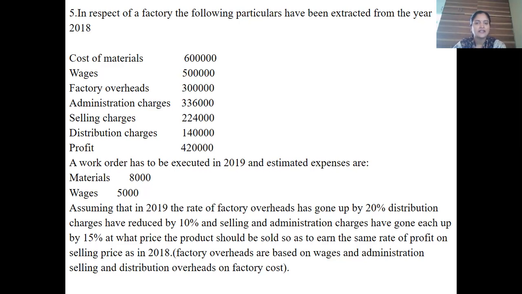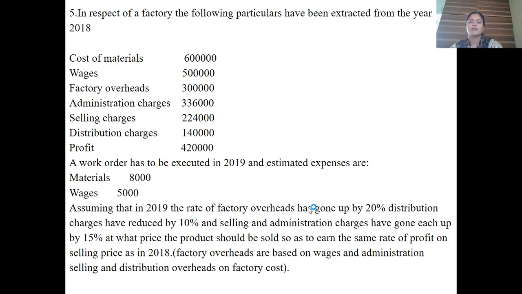Executed in 2019 and estimated expenses are: for materials they have given 8,000, wages they have given 5,000. Assuming that in 2019 the rate of factory overheads has gone up by 20%. This you need to understand. See, for the year 2019, the factory overheads has gone up by 20%.